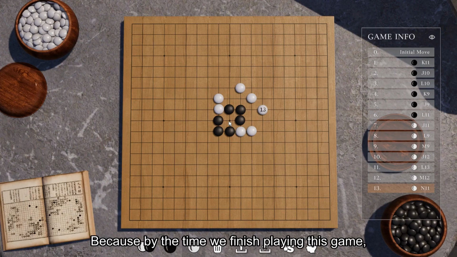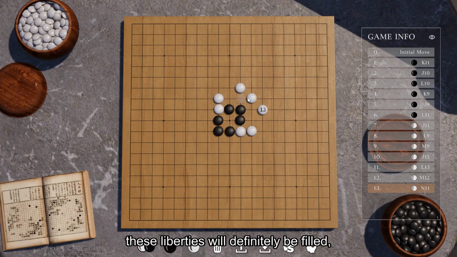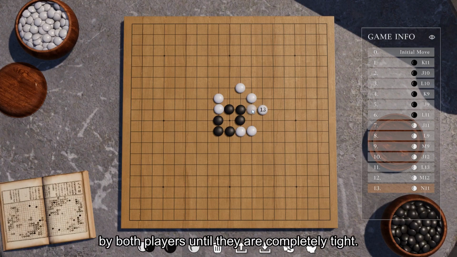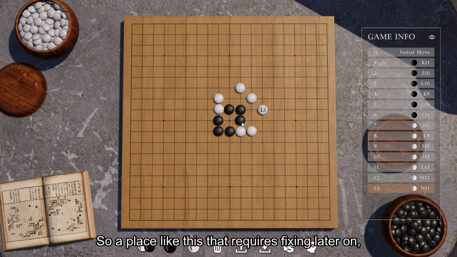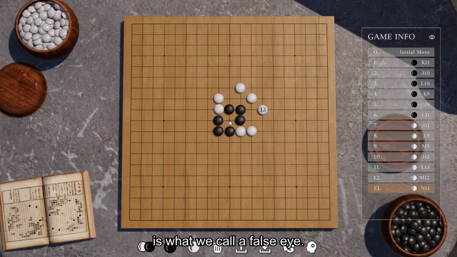Because by the time we finish playing this game, these liberties will definitely be filled, move by move, by both players until they are completely tight. And eventually, when liberties are tight, black will still be forced to connect back. So, a place like this that requires fixing later on is what we call a false eye.